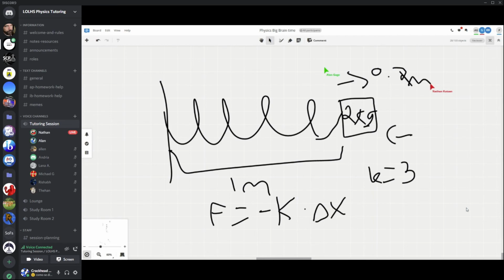Any ideas? Or at the very least, any ideas on what you would need to do to calculate the acceleration?